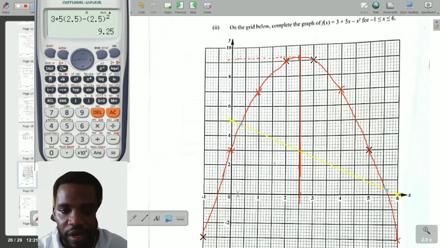It looks like 0.35, and on the y-axis, each line represents 0.2. So 4.2, 4.4, 4.6, 4.8 is up there, so it's going to be 4.7. So let's go across 0.1, 0.2, 0.3, 0.35. And of course, if you go on the y-axis, 4.2, 4.6, 4.8.